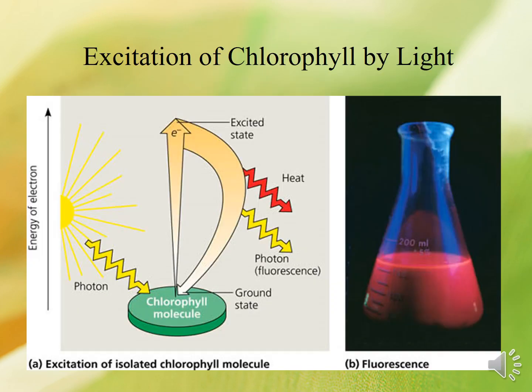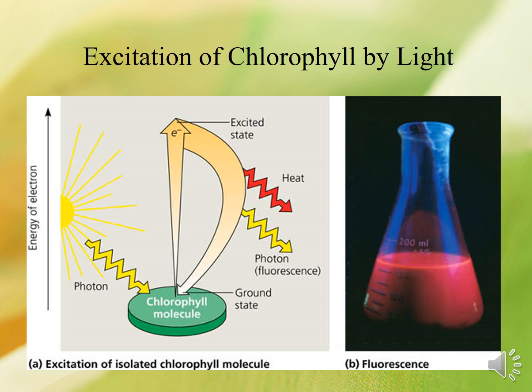Alright, now we go to the last part of this slide, which is excitation of chlorophyll by light. Actually, photosynthesis uses the theory of the excitation of chlorophyll. It is more like chemistry theory: an electron from the ground state, when it receives energy, will be excited to the excited state.